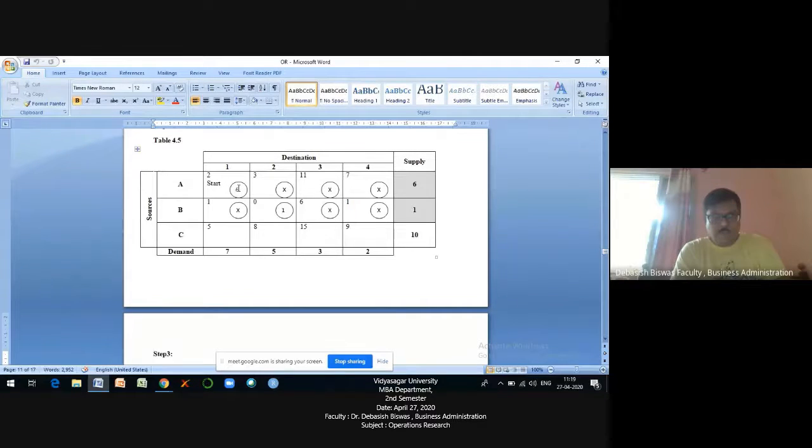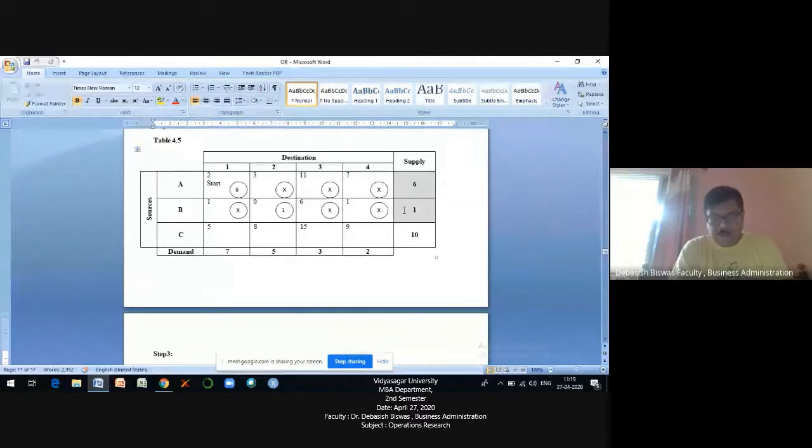And when we are allocating 6 units, you observe that this supply will be 0, 6 minus 6, right? So when we'll be moving to the third table, we will not consider this row, as well as we will not consider this row also.